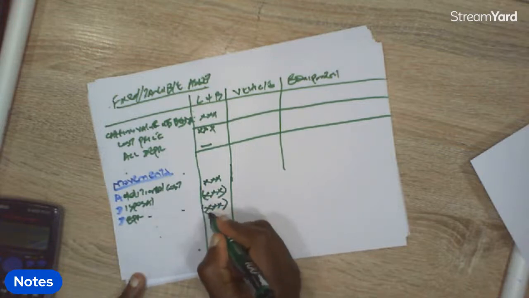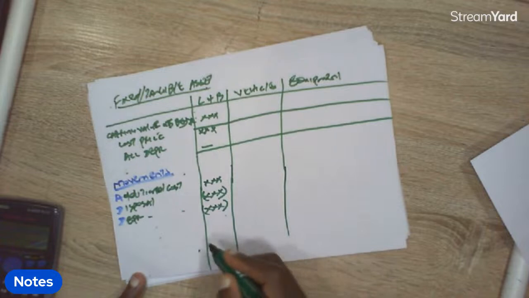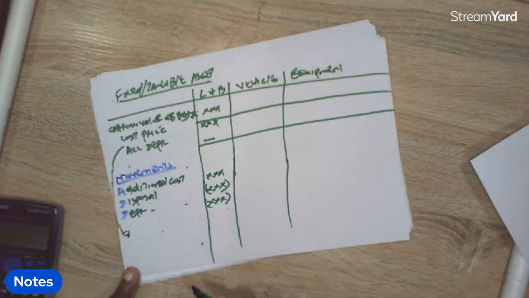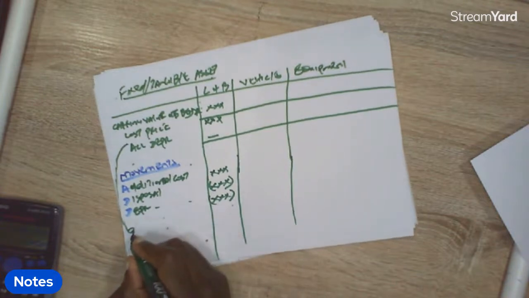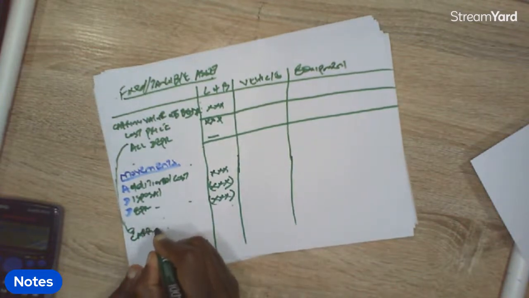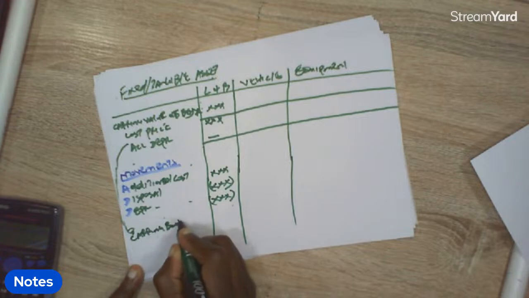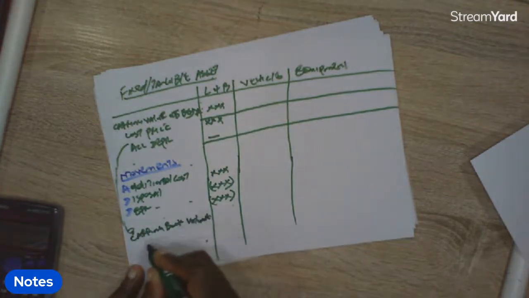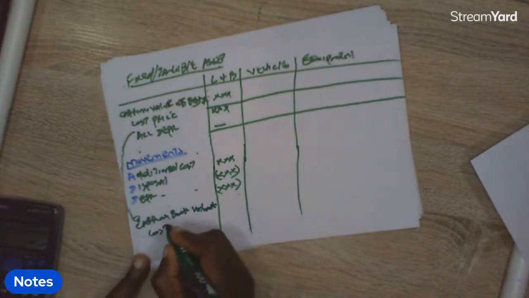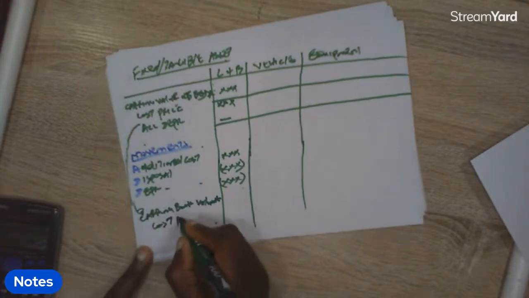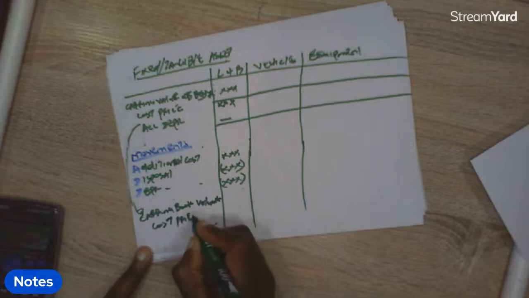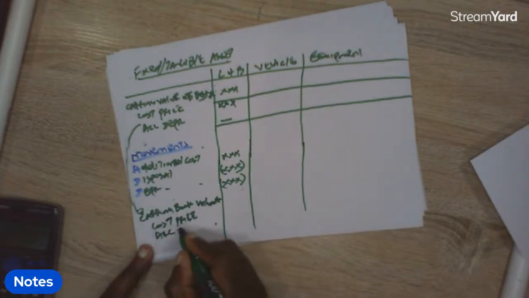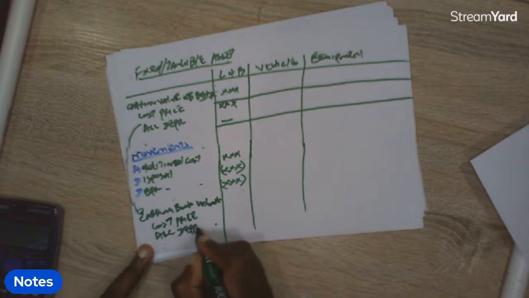If they are there, you write them in brackets. And then we repeat one and the same thing as in the beginning, but now at the end. So now we have carrying book value at the end of the year. So we have cost price, as well as accumulated depreciation.